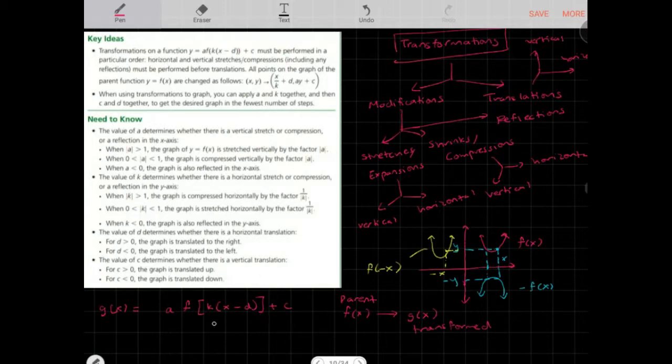You might see this using different variables. These are just the variables that I've chosen to use, and I'm correlating it with this excerpt I got from a textbook. In this case, a here is your vertical stretch or shrink factor, and all of this is mentioned in this excerpt. K here, well, 1 over k is your horizontal stretch or shrink factor.